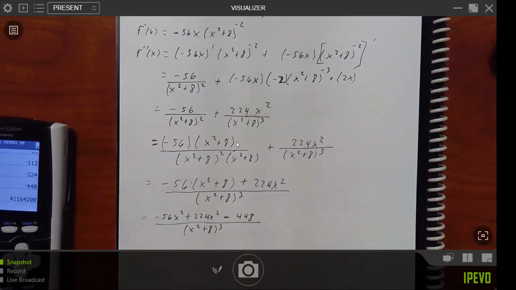So 224 minus 56. That'll be 168 x squared minus 448.